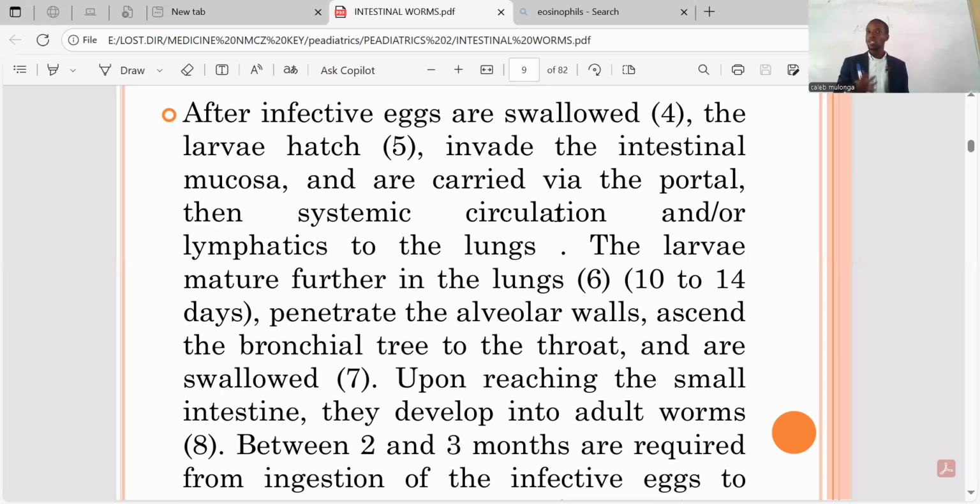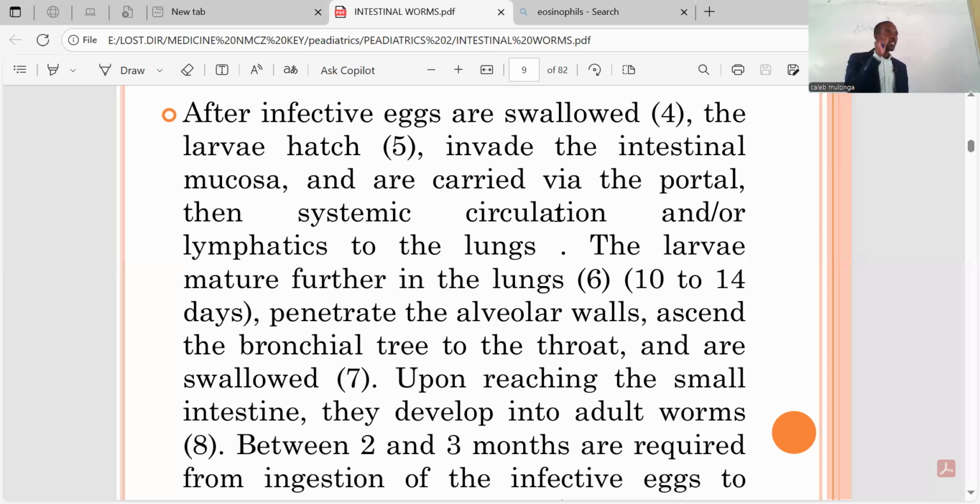Once the eggs reach the intestines, they will hatch and release the larva. Once the larva is released, this larva will invade the intestinal mucosa. By invade, we mean enter through the intestinal mucosa.